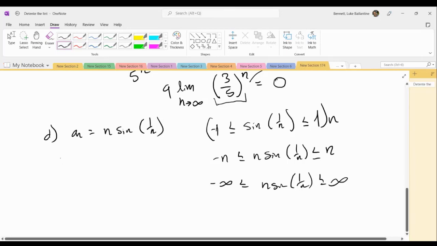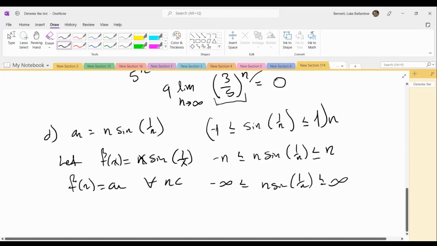Before we do that, we have to let f of x equal x sine of 1 over x. Notice that f of n equals a_n for all n in the natural numbers.